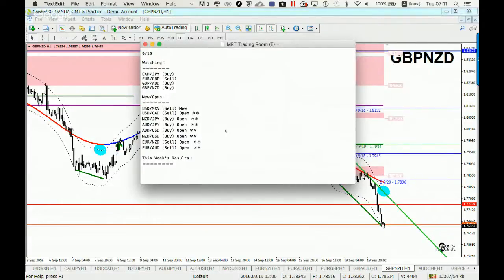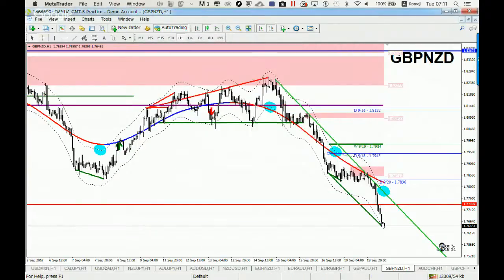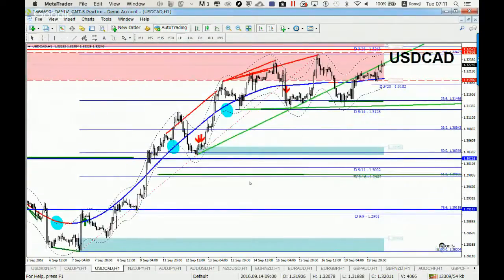Jumping down now to the dollar CAD. That's an open trade. It's still trending higher, and it may stop out. I don't know, or it may drop. We have had some ranging action here. It's been trending shallowly. We've been making higher lows, and we've been making higher highs.